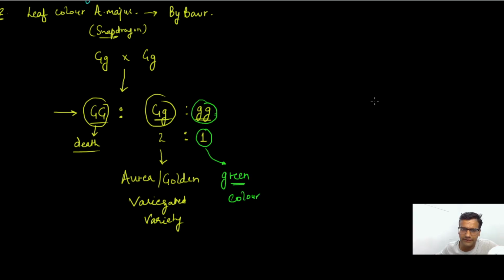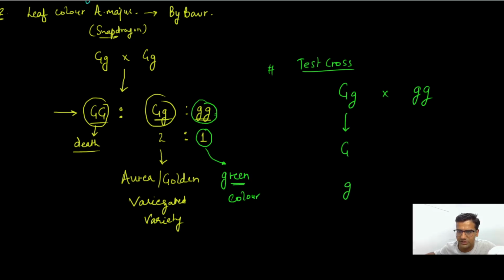What happens if we cross it in test cross form? Test cross. Let us say capital G small g is crossed with small g. So what happens? If we talk about the gametes, one form should have the gametes capital G and small g. The other form should have the gametes small g.